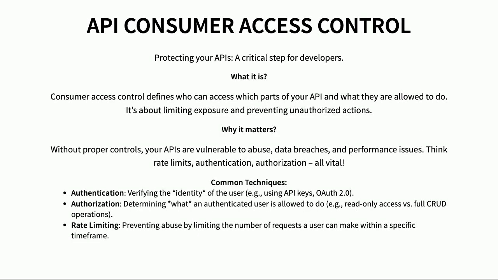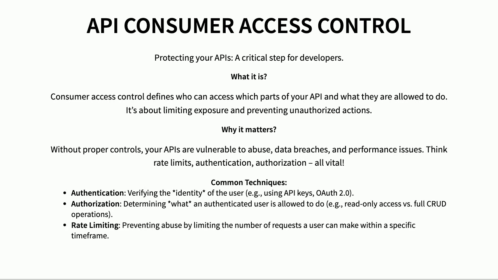Okay, let's talk about access control for your API. It's super important. Basically, it's all about making sure only the right people are doing the right things with your API. We need to know who is accessing our API and what they're allowed to do. This involves a few key steps.